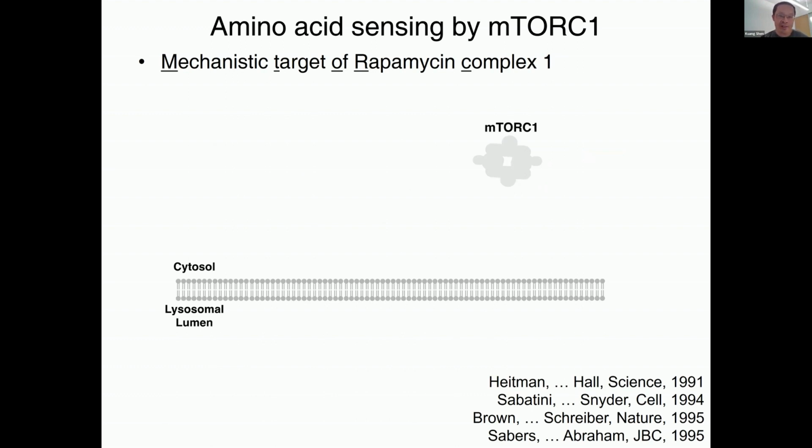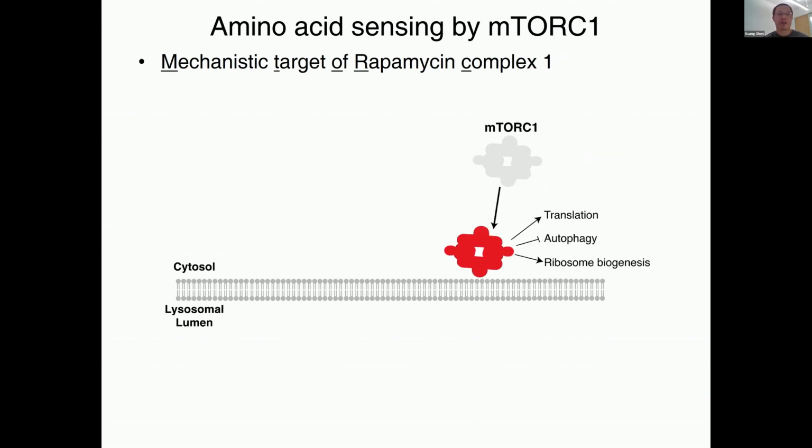In the absence of nutrients, mTORC1 is inactivated and it resides in the cytosol. However, in the presence of nutrients, it will translocate to the lysosomal surface, where the kinase activity is turned on. Upon activation, it will start to boost up mRNA translation, it will inhibit autophagy, and will boost up ribosomal biogenesis. And all these downstream targets will start to stimulate cell growth and proliferation.